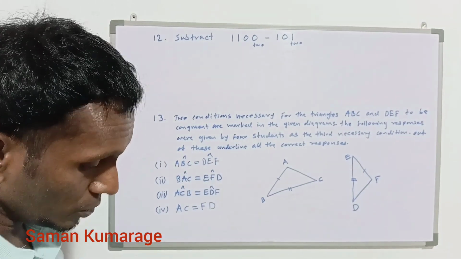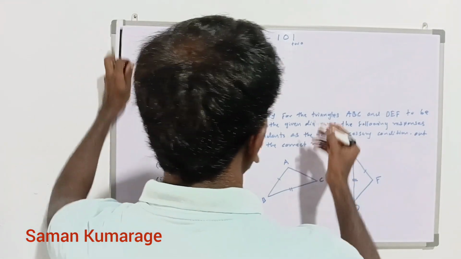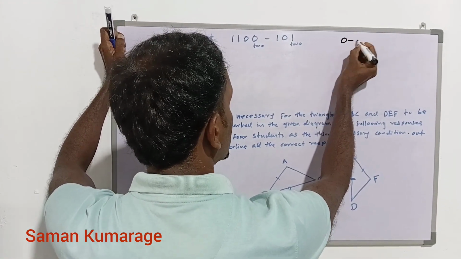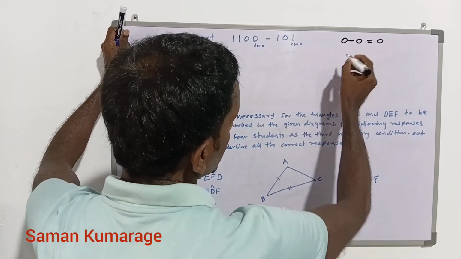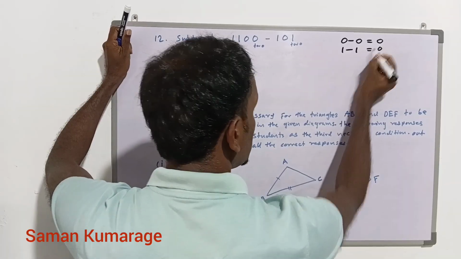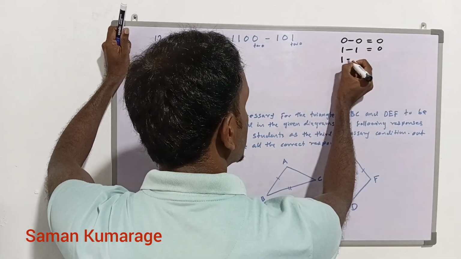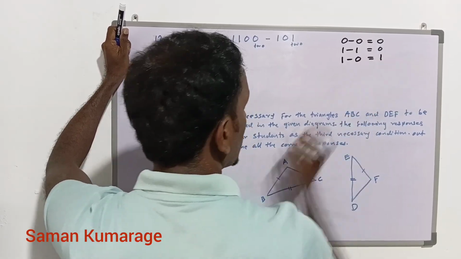And also we should know the subtraction rules. Subtraction rules are, if you subtract 0 from 0, it is 0. If you subtract 1 from 1, it is equal to 0. If you subtract 0 from 1, it is equal to 1.